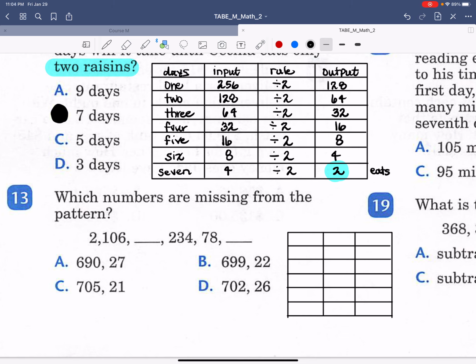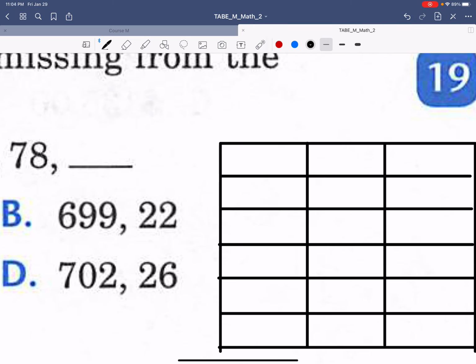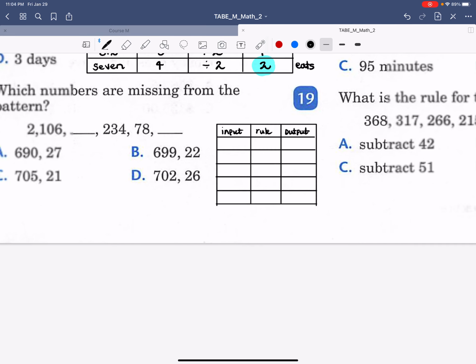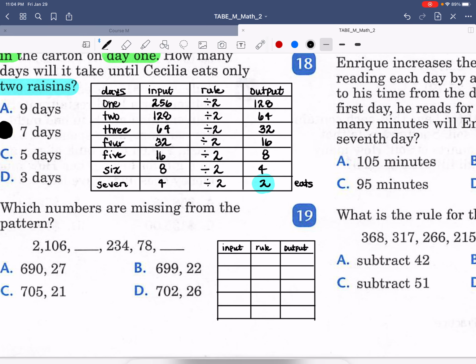So input, rule, and output. And we will have to find the rule to be able to complete the table. All right, the 2106 is beside a blank, so I don't know its output.